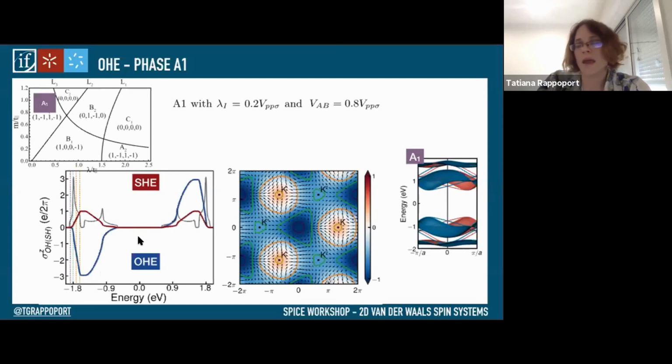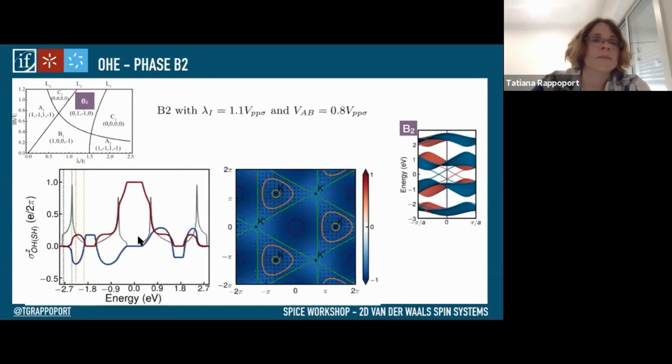And probably the most interesting phase is this third one, because in this case, we break sublattice symmetry, but we have strong spin-orbit coupling. And the central plateau is there. We see the edge states for the central plateau, but the lateral plateaus for the spin Hall conductivity are gone.